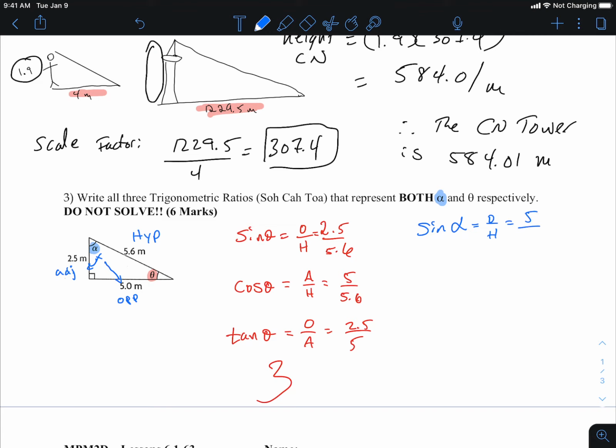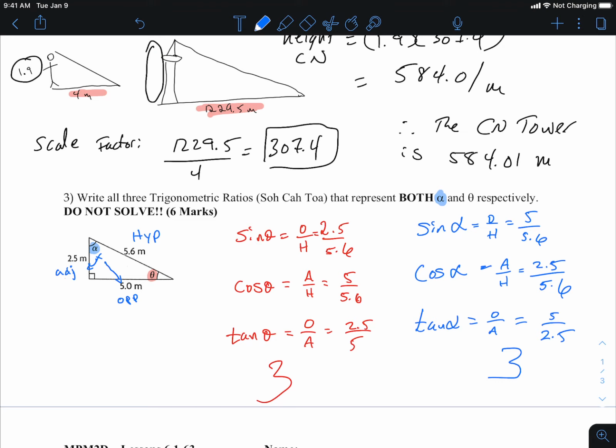Opposite is 5 over 5.6. Cosine alpha is equal to adjacent over hypotenuse. This is 2.5 over 5.6. And the tangent of alpha is equal to opposite over adjacent, which is 5 over 2.5. That's it, guys. 3 marks each.